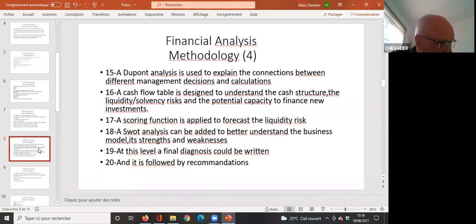You should also have a look at the inventories, and for example, you can find that there's a better policy of reduction in absolute value, but also compared to the sales level, of the raw materials.